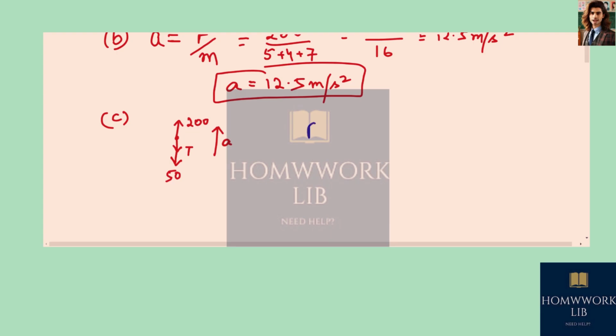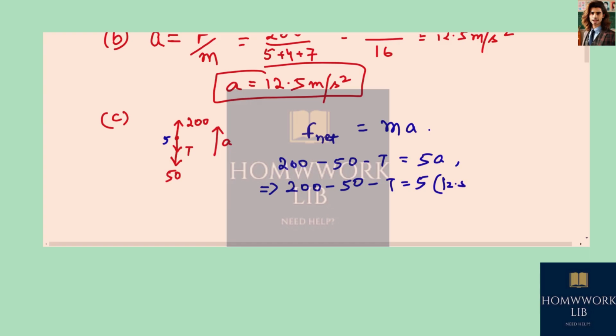So we use again Newton's second law. So net force is mass times acceleration. So its mass is 5 kg. So net force, as it's moving in the upward direction, so upward force will be greater than all the downward forces. So we get the equation here. Putting the value of a as 12.5, what we have obtained, we get 200 minus 50 minus T equals 5 times 12.5.